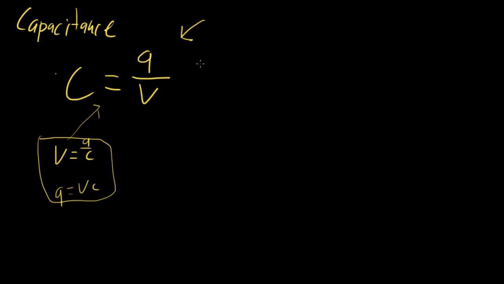The unit for capacitance is the farad. Not sure how to say that. A capital F is the unit for capacitance. It's named after Michael Faraday, who's sort of an important dude. So capacitance is measured in farads. So you should know that.